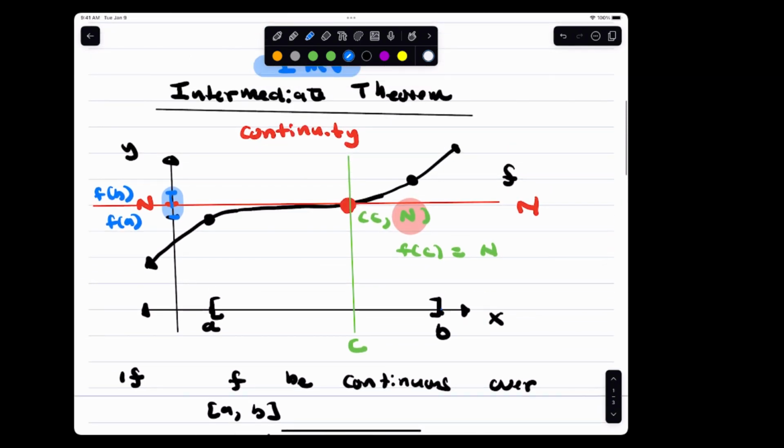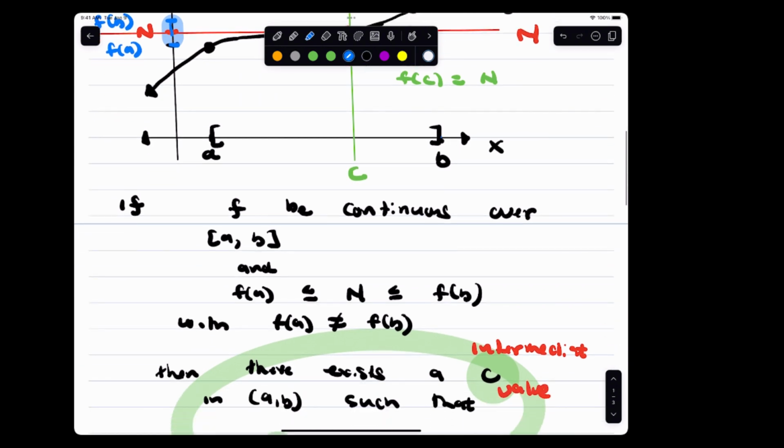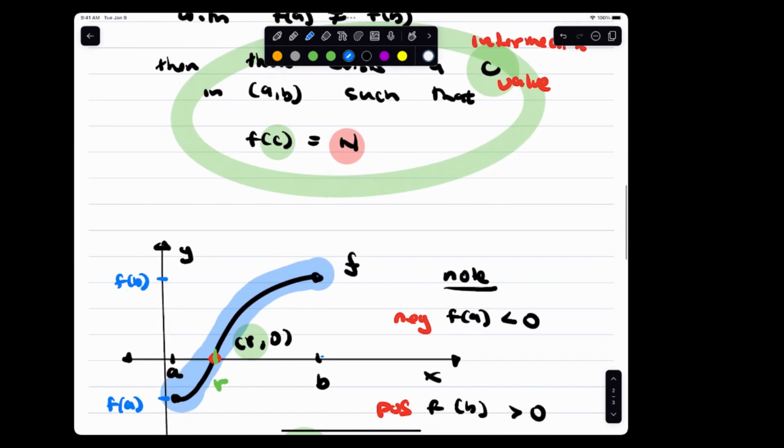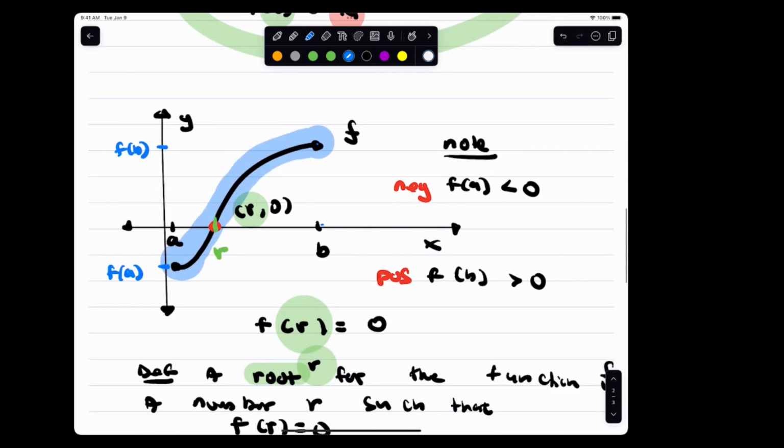All they're saying is that there's going to be a value in the interval AB such that f of c equals that n, or in this case, even if you have the reverse, as long as they're opposite and your function's continuous, if one's positive and one's negative, you will have a root r.